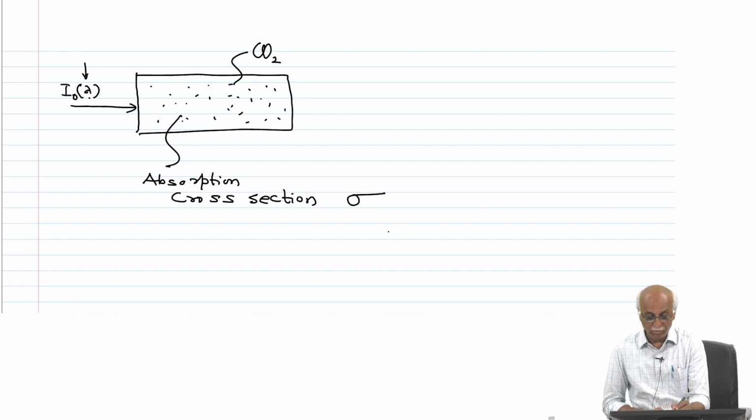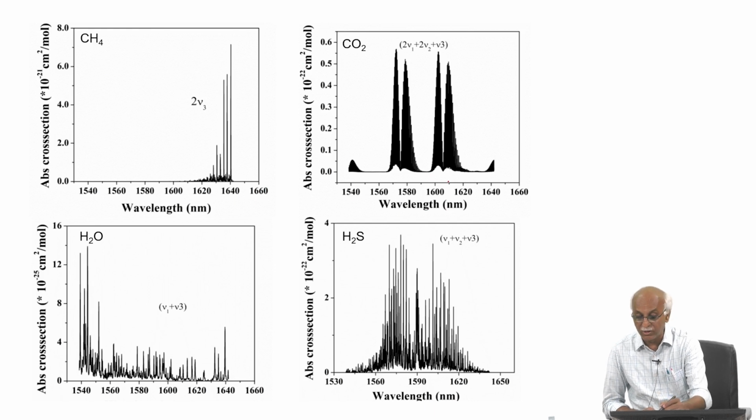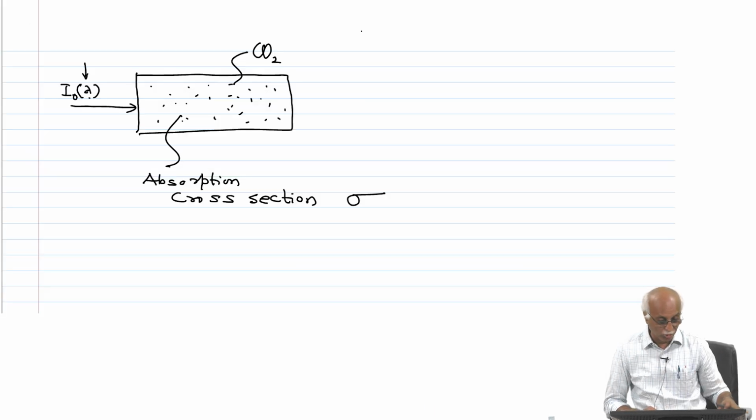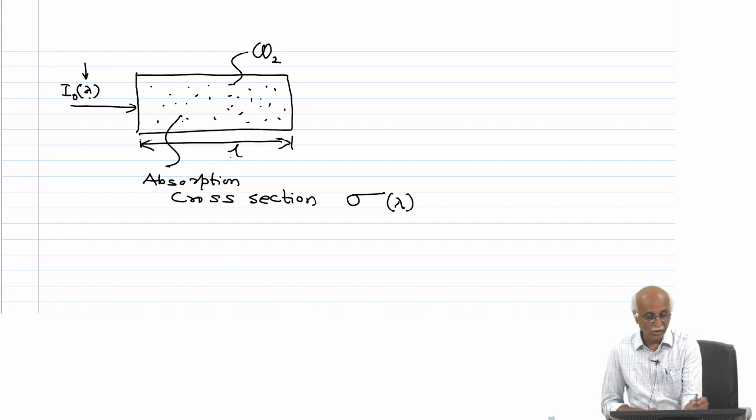Now, as I told you and as you could see in the previous plots, different molecular structures and different wavelength bands have different sigma values. Depending upon what wavelength I select, there is a corresponding absorption cross section value available from the database. So, the sigma value is determined based on the wavelength we use, and when light passes through a gas cell of length L, part of this light is getting absorbed.